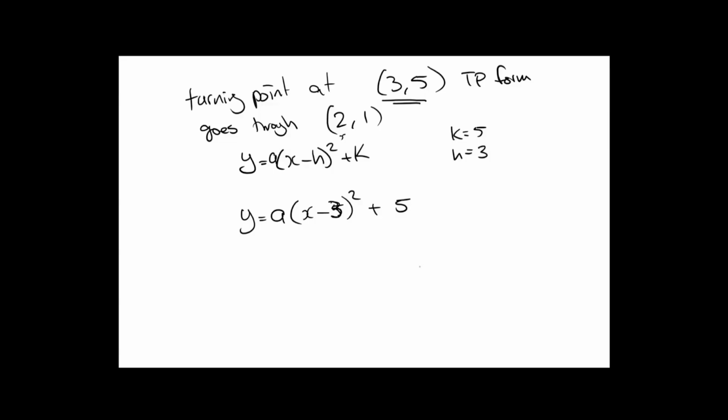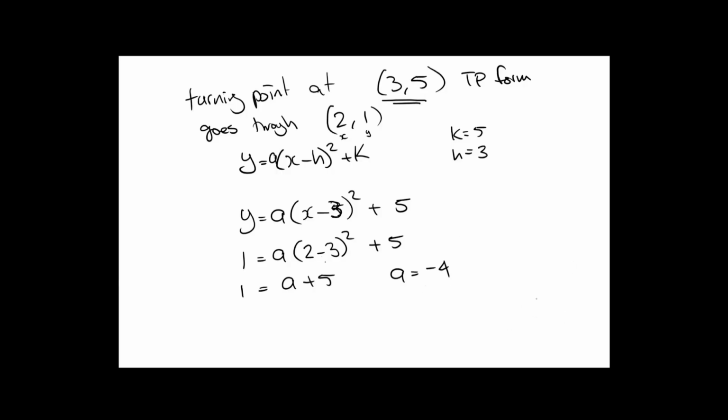We know that when x equals 2, y is going to be equal to 1. So 1 is going to be equal to a, (2 minus 3) squared plus 5. Now we have one equation and one unknown. So 1 is equal to a times (2 minus 3, which is -1) squared, which is 1, so a plus 5. Therefore, a must be equal to -4.